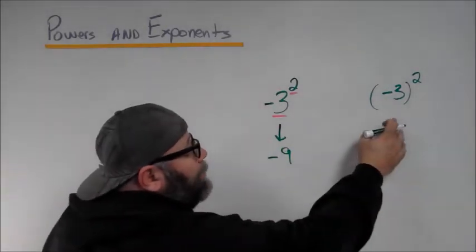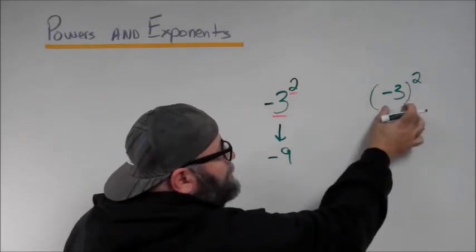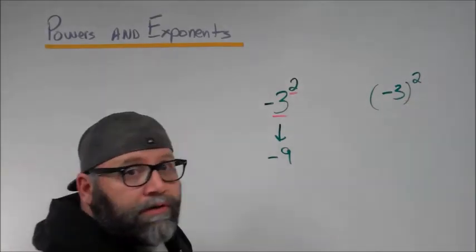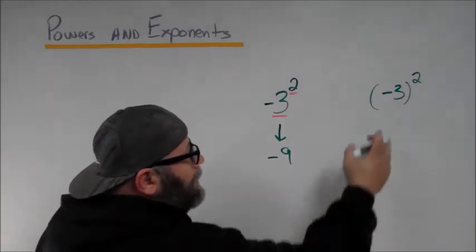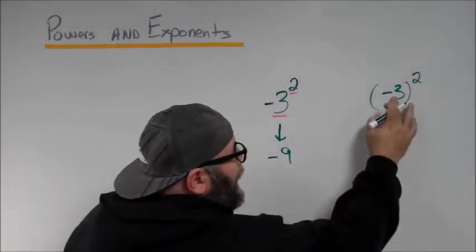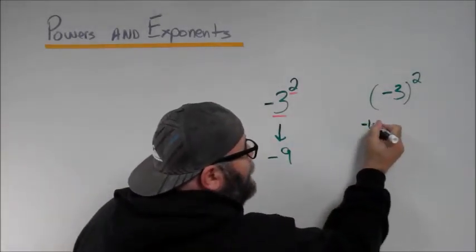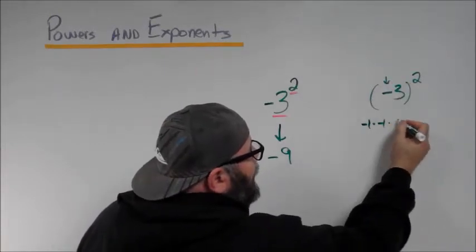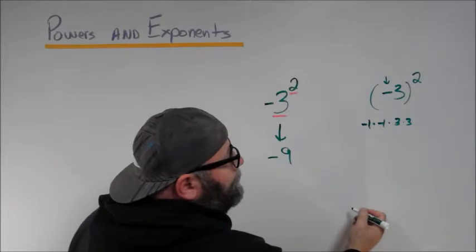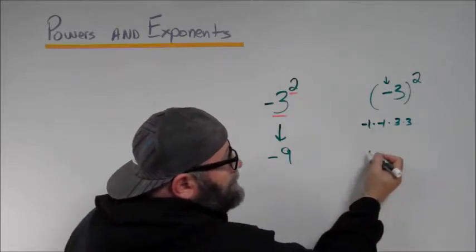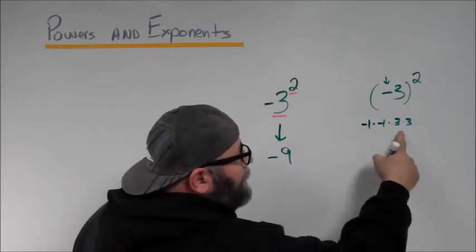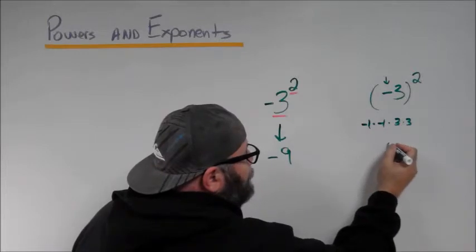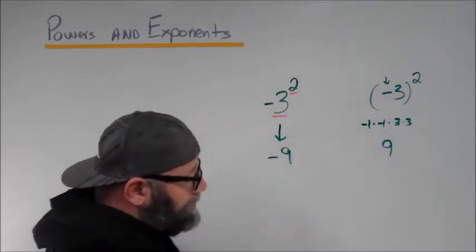In this one, we say this expression here is entirely raised to the second power. So in reality what I have is -1 times -1, that's your negative sign, times 3 times 3. So -1 times -1 is +1, and 3 times 3 is 9, which gives me +9 for the result there.